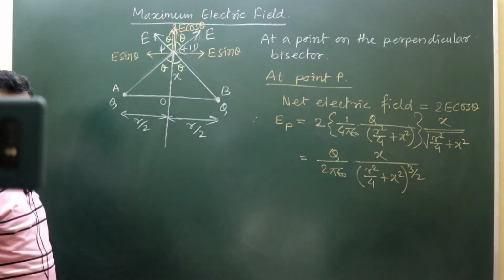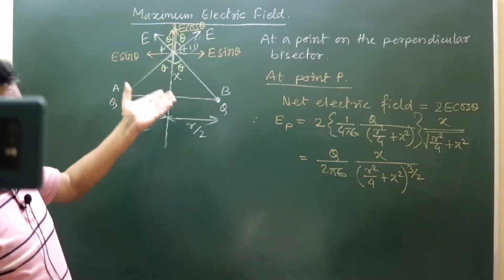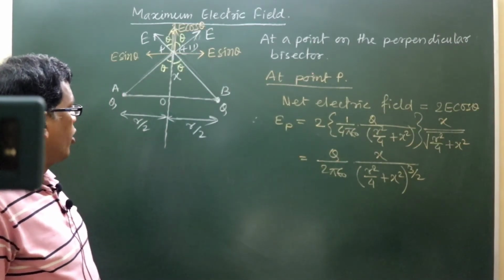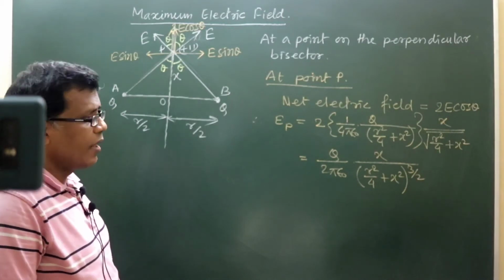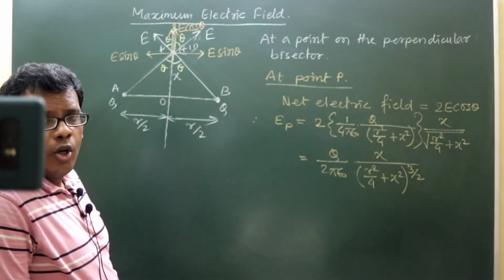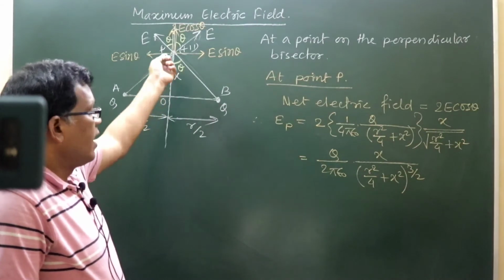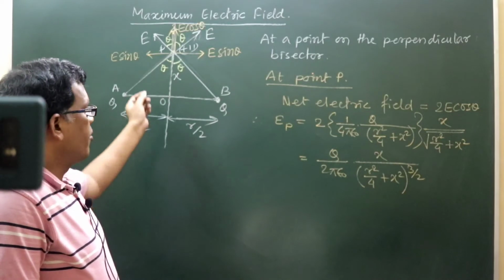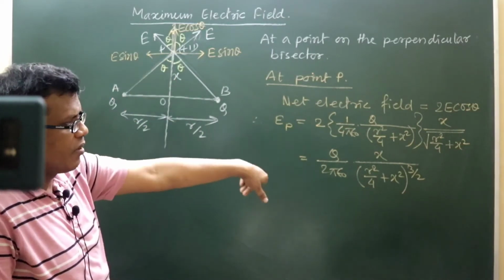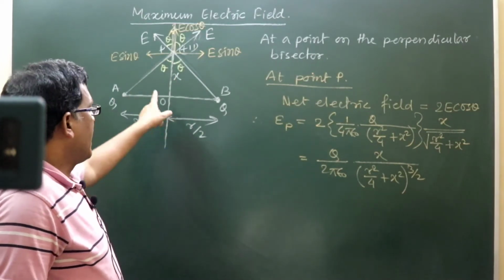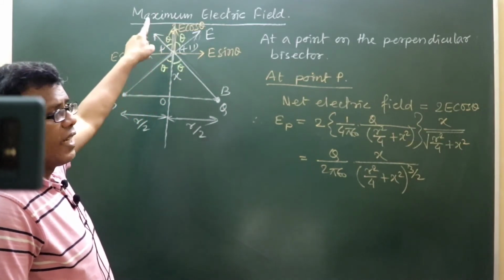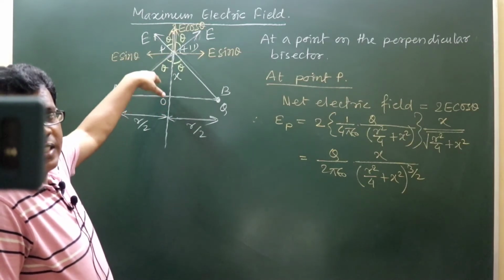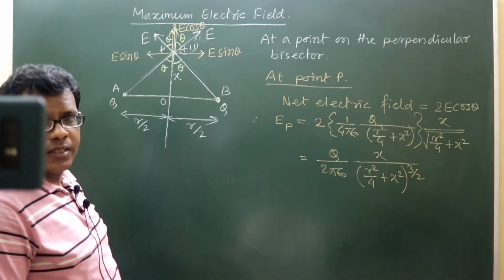So the point P being at a distance x from the line joining AB, that means x is a variable distance; we do not know the value of x, it is an assumed parameter. So based on various positions of x, the expression value will also be different. At any general position on the bisector line, if the point is at a distance x, then the expression will be this.